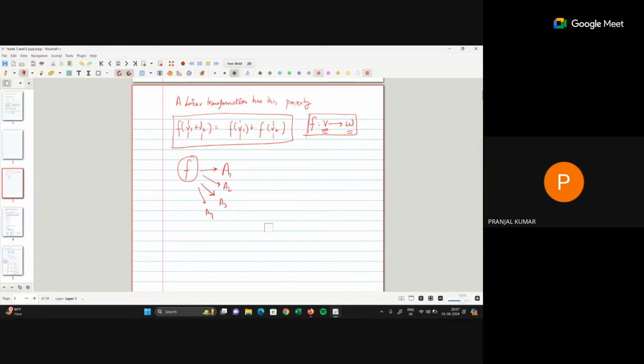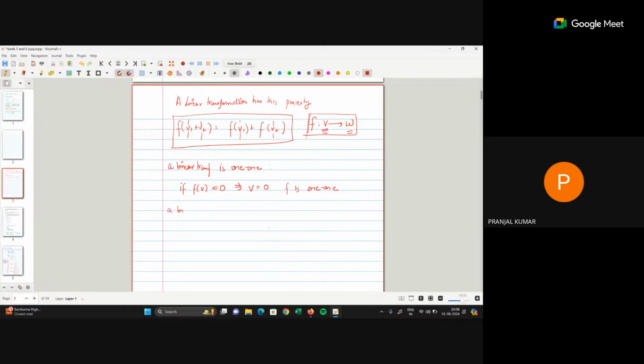Now, a linear transformation is 1-1 if f of v equal to 0 implies v is equal to 0. If f of v on being equated to 0 implies that v was 0, then f is 1-1.